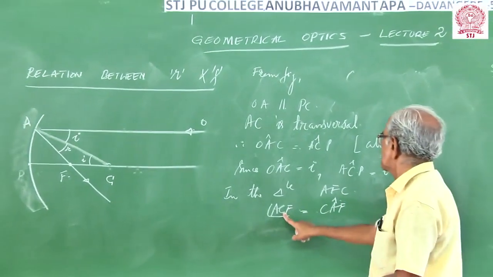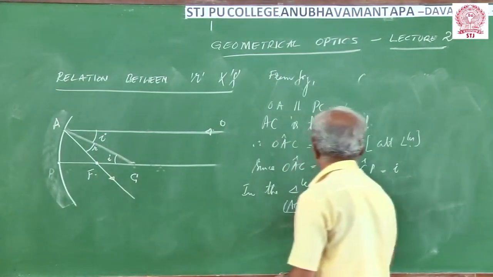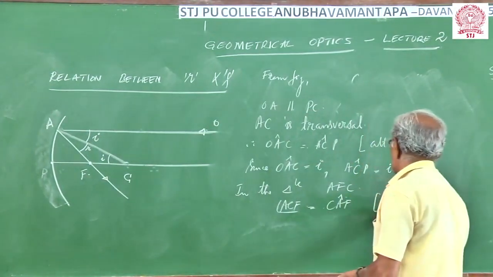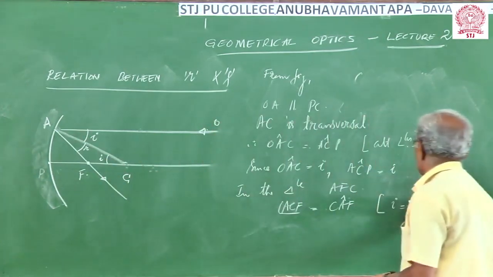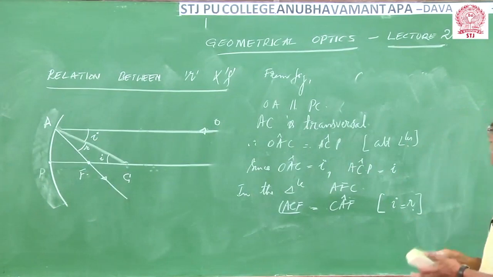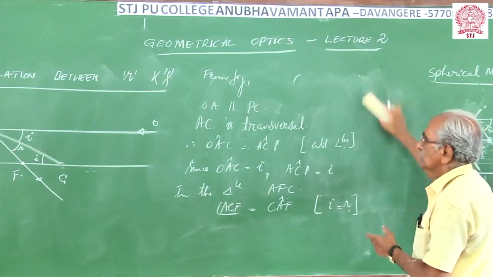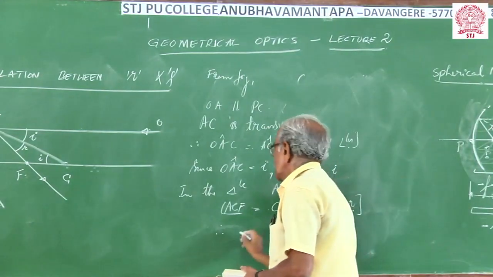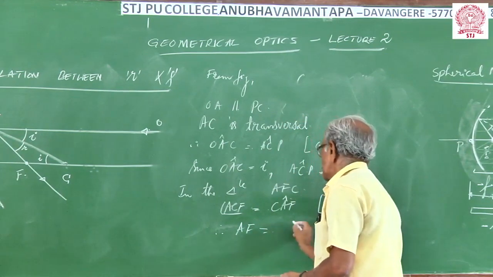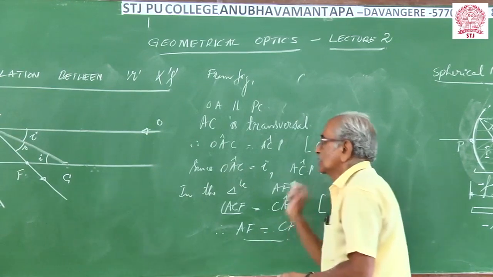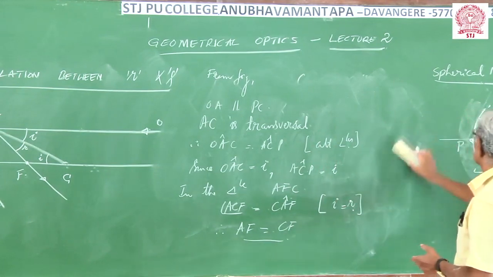ACF is I, CAF is R, therefore they are equal. Therefore, it follows that side AF is equal to CF. AF is CF, an isosceles triangle.